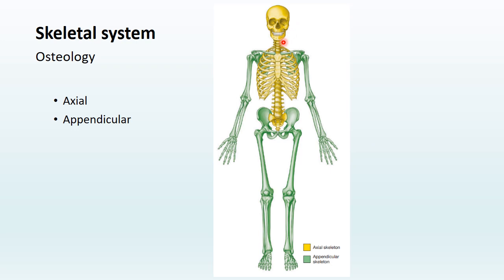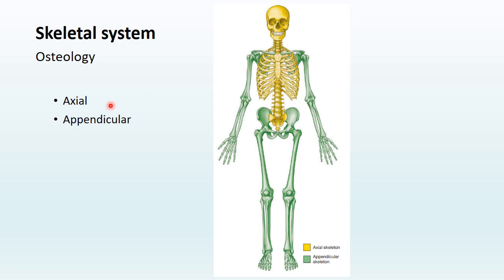The human skeleton is divided for descriptive purposes into two skeletons: the axial skeleton, الهيكل المحوري, composed of the bones of the skull or cranium, the vertebral column, and the bones of the thoracic cage, composed of 12 pairs, 12 on each side, of ribs, أضلاع, and the sternum, عظم القص.